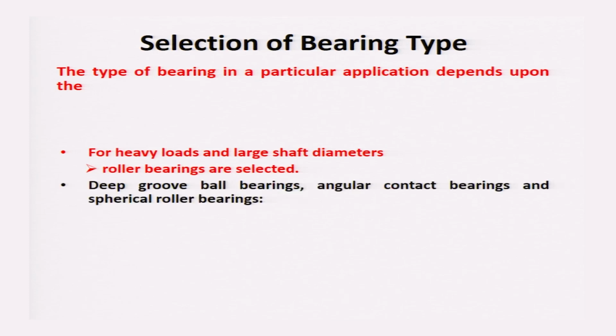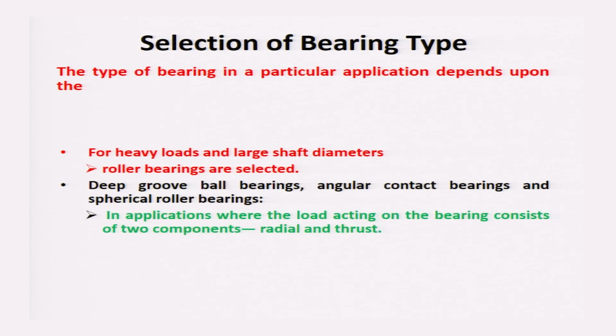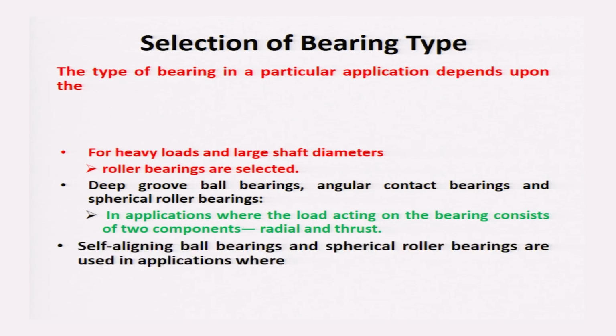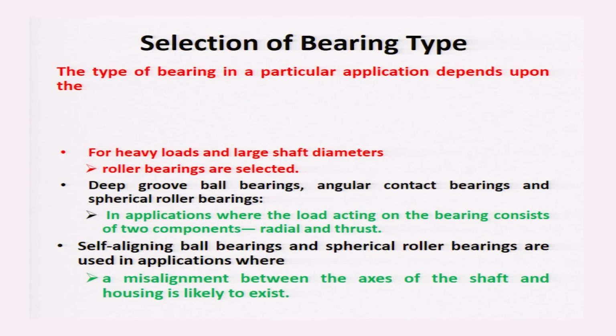Deep groove ball bearings, angular contact bearings and spherical roller bearings are used in applications where the load acting on the bearing consists of two components, the radial force and a thrust load. Self-aligning ball bearings and spherical roller bearings are used in applications where a misalignment between the axes of the shaft and housing is likely to exist.